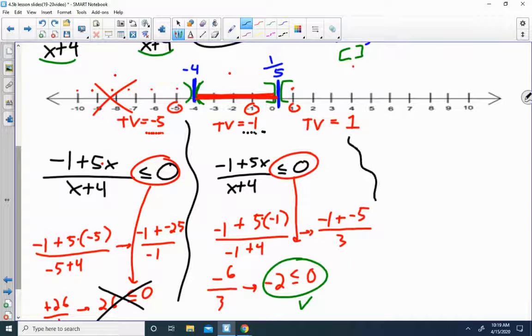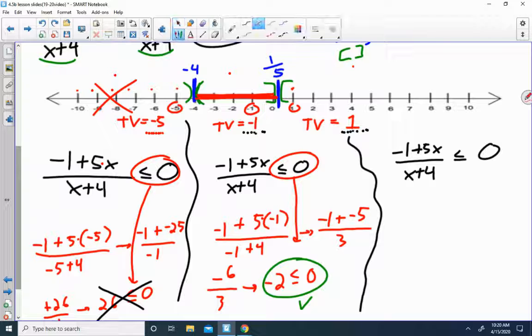And let's just check the third interval to make sure we didn't make any mistakes. So again, -1 plus 5x all over x plus 4, and that's going to be less than or equal to 0. And this time we're going to test the third value, which is going to be 1. So let's plug those in.